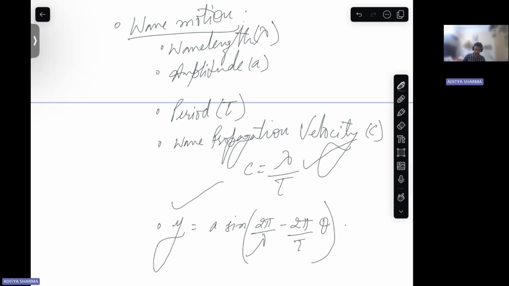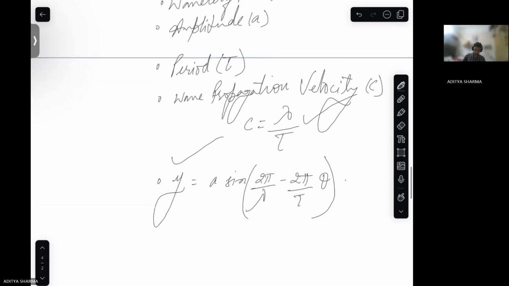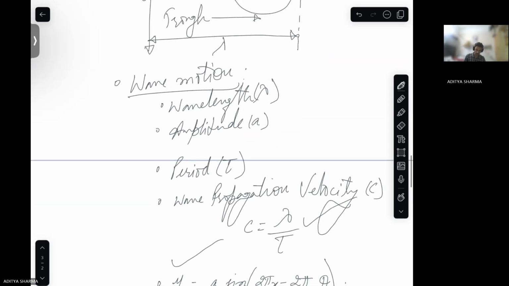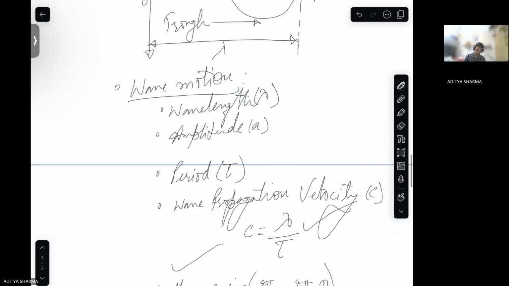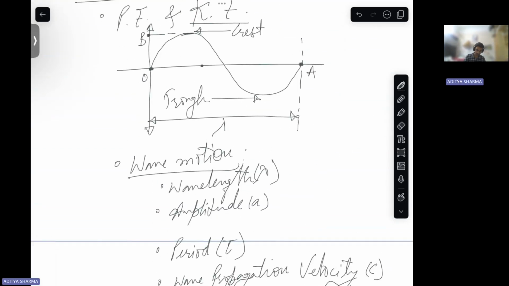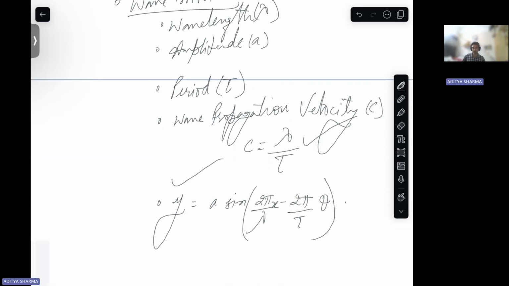Now what does this expression say? Sorry, x has to be written. Yes. It says that let's say we have some location x. So this is from 0 to some point on the x-axis, x.